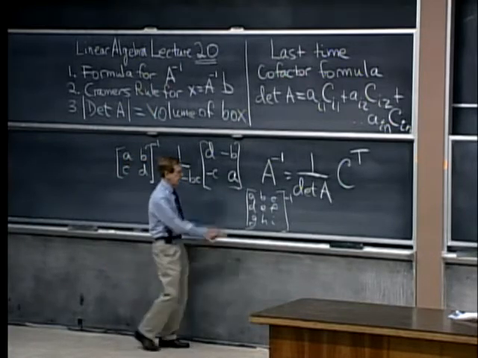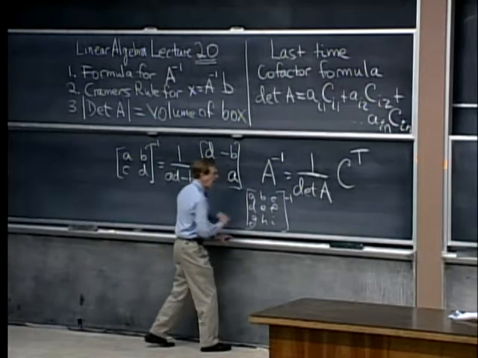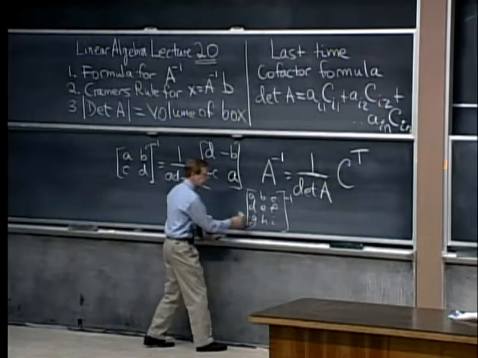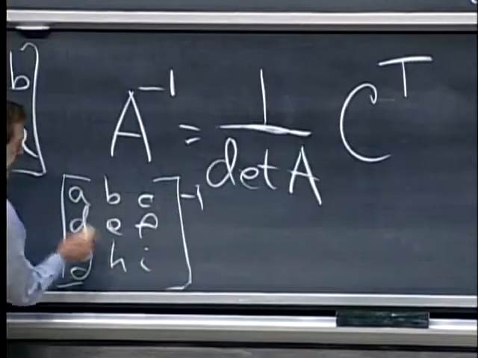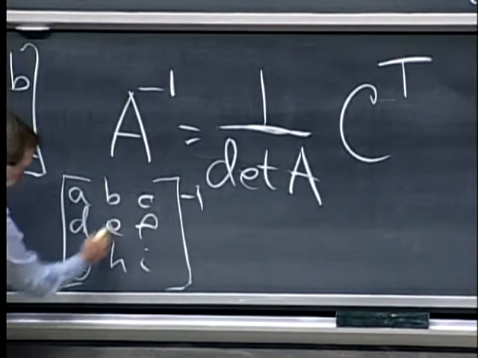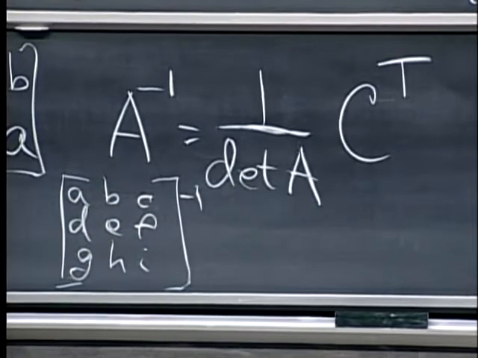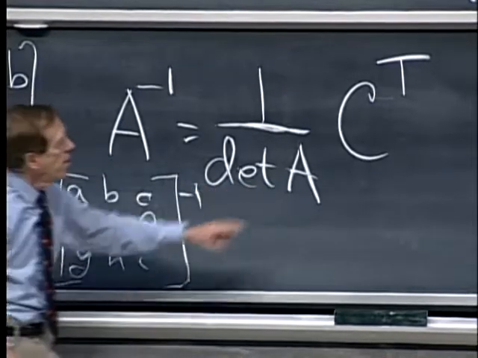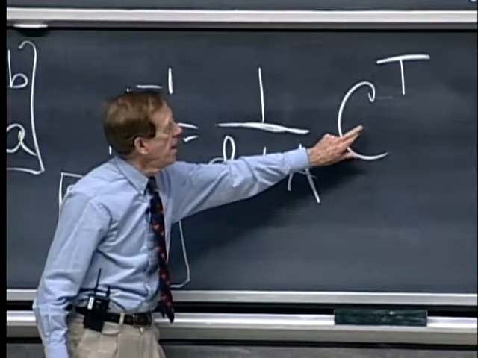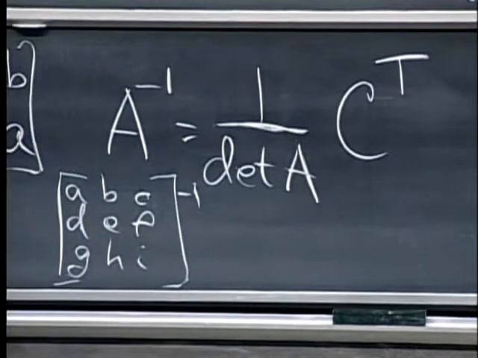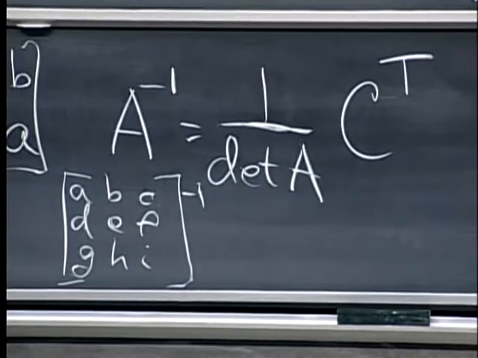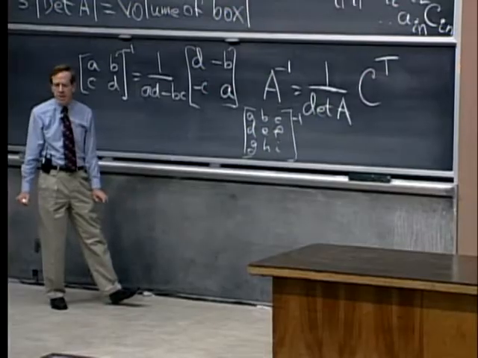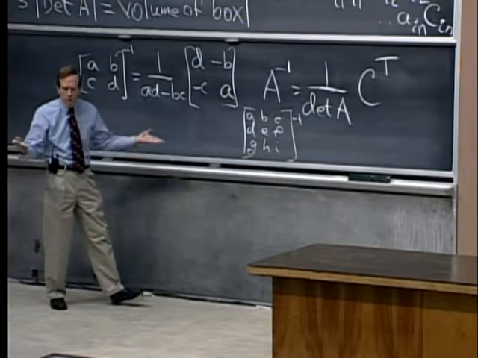The determinant of this matrix will involve A, E, I, and B, F times G, and C times D times H, and minus C, E, G, and so on. So things with 3 factors go in here. How many factors do things in the cofactor matrix have? What's a typical cofactor?